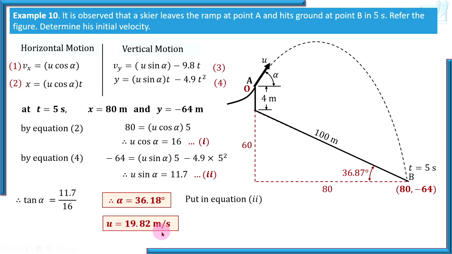U is 19.82 meters per second. So that is what we have found. Determine his initial velocity, that is magnitude and direction, u and alpha. So we have solved the problem. Now I have given you a solved problem. Read those solved problems on projectile motion so that you will not have any difficulty.